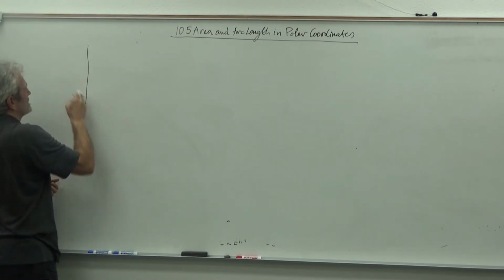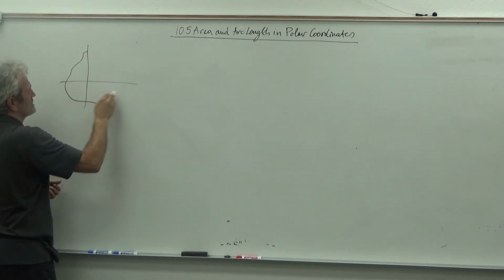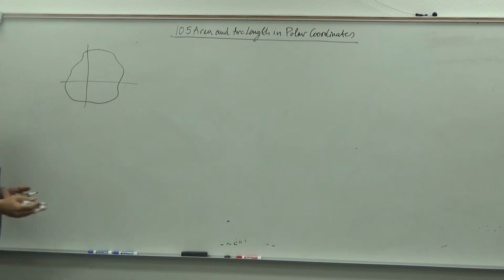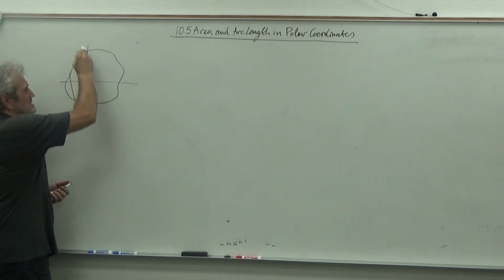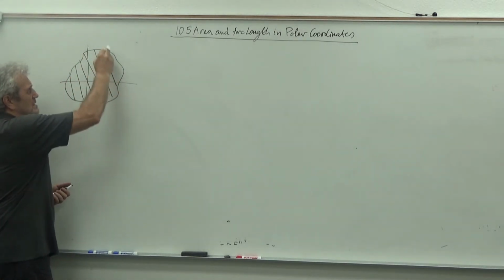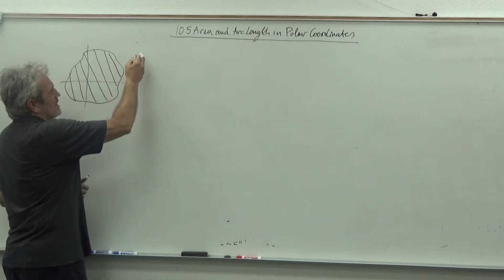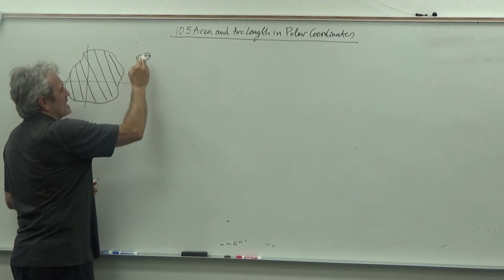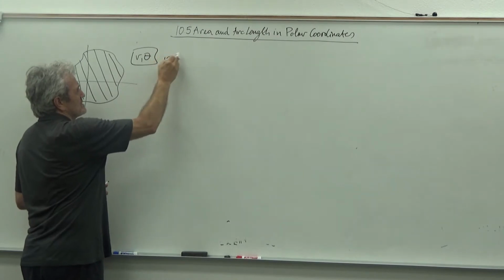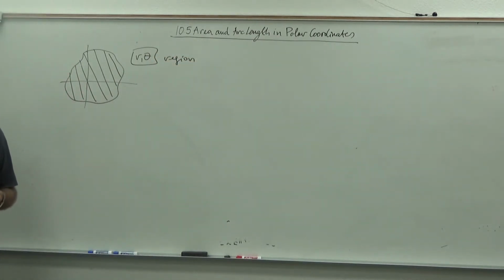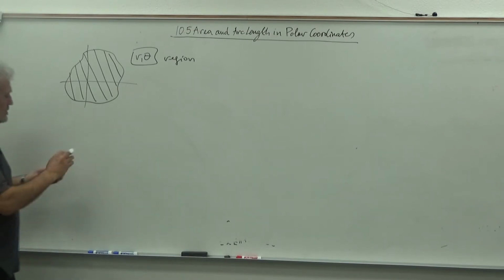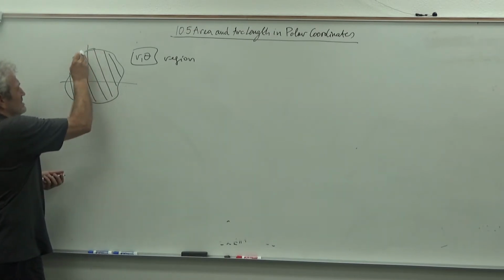So when you have an object here, then when you do polar coordinates, we usually use polar coordinates to express the whole region. So, whole region, then we have r and theta in that region. For parametric equations, we just represent a curve.